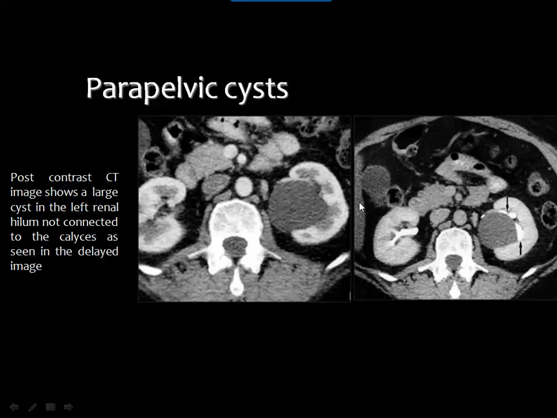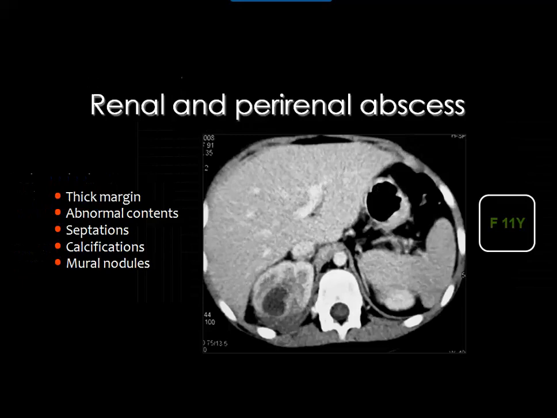In the corticomedullary phase, you may think that this cyst represents a dilated renal pelvis, but in the excretory phase, you see that the calyces are pushed and compressed by this cystic lesion, which does not contain any of the excreted contrast media, denoting that it is a renal sinus cyst or a parapelvic cyst.